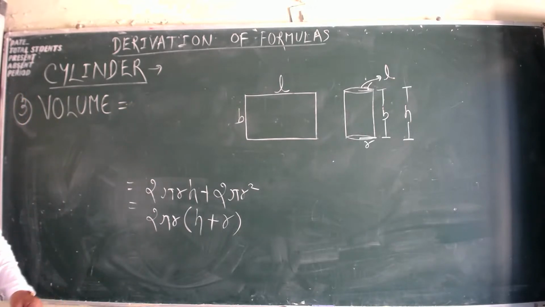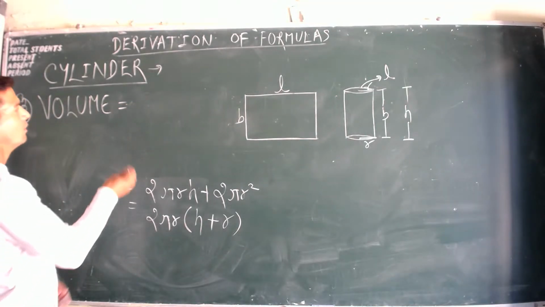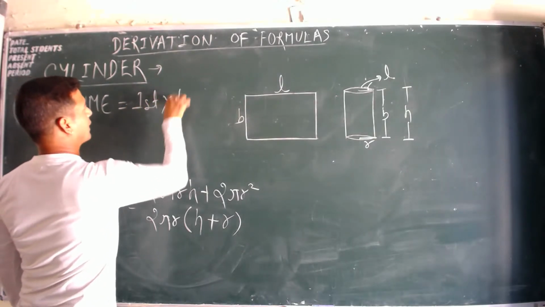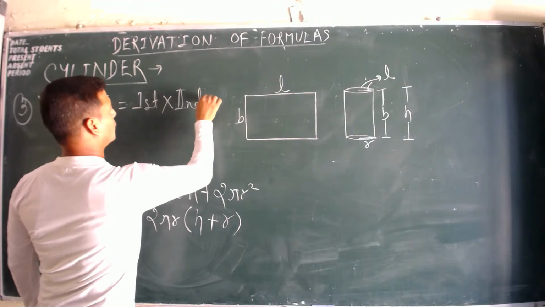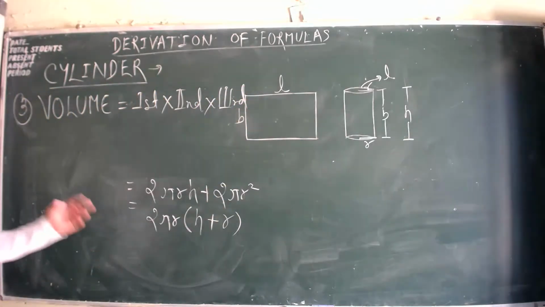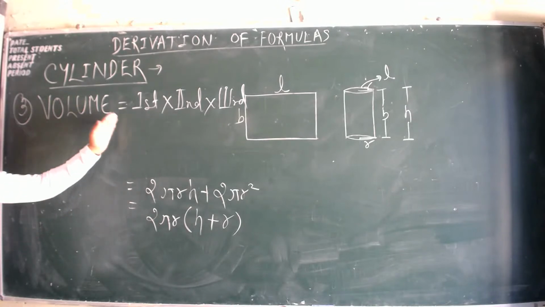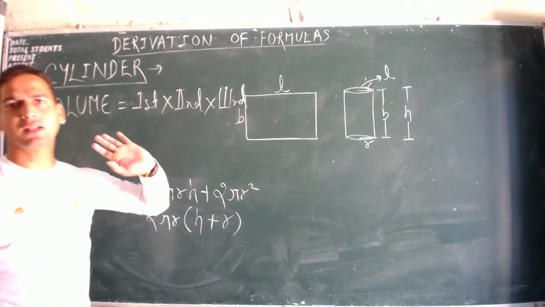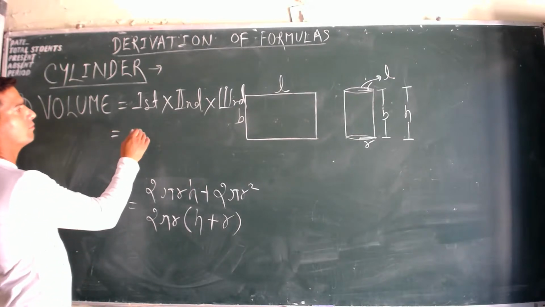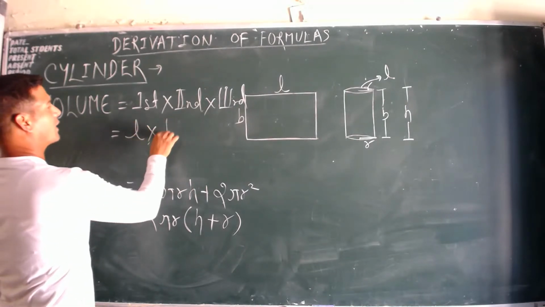Suppose the formula of volume is first side into second side into third side. This is the general formula of volume. First side into second side into third side. Suppose length into breadth, I have taken three sides.